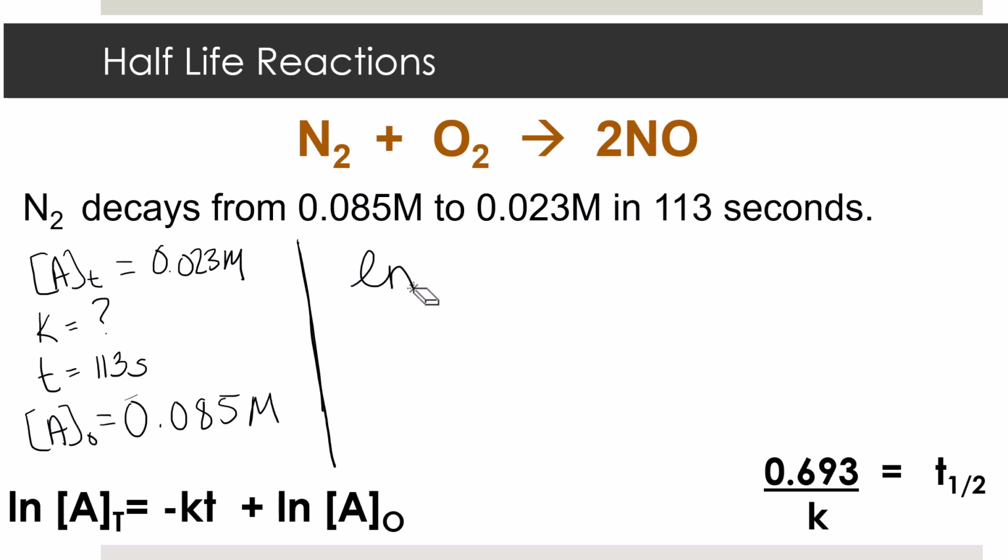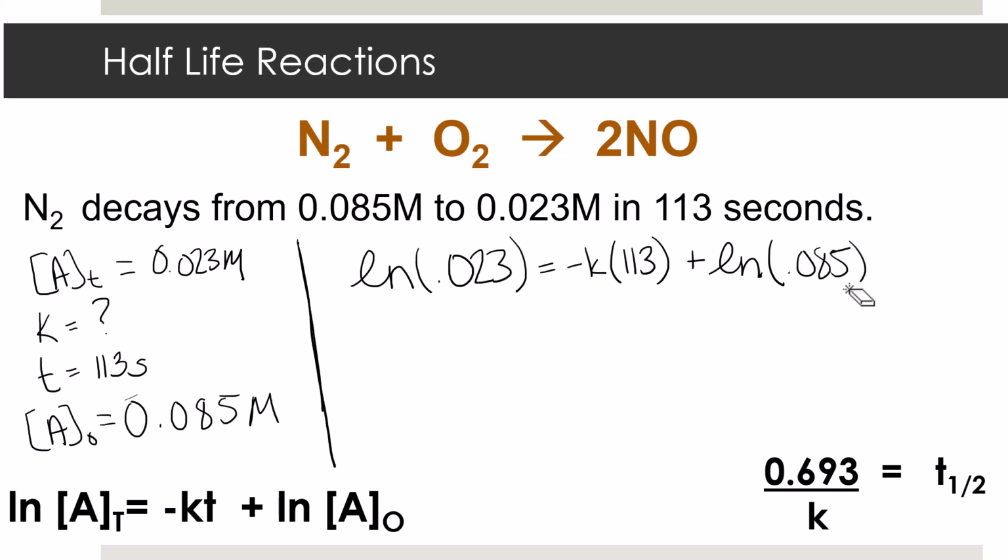So the natural log of the concentration at time t, 0.023, equals negative k times 113 plus the natural log of 0.085. Now I'm going to plug this into my calculator and start clearing it up.